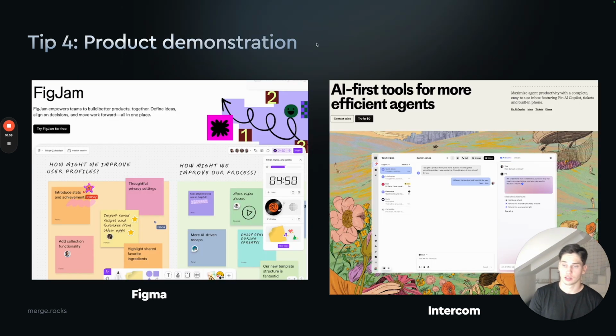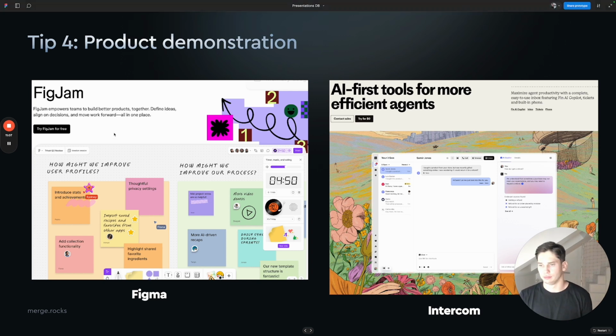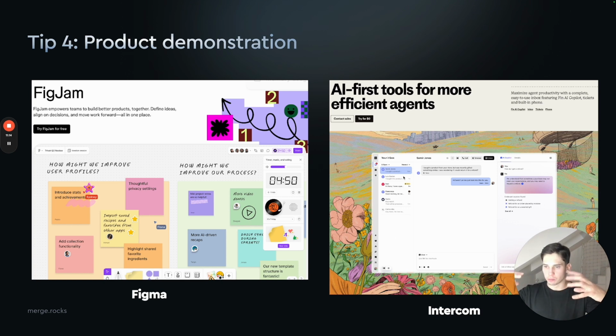Product demonstration. This is what I say is a must-have to every founder right now. You can see really popular products like FigJam or Intercom. They all showcase their product right away from the first screen, and it attracts people's attention. It gives so much clarity about what is inside and gains trust, so people already want to start trying it.